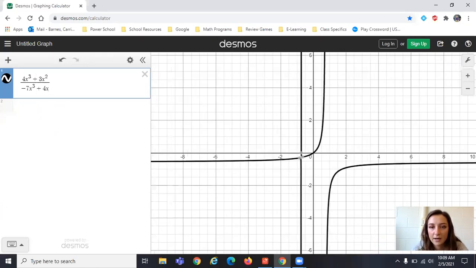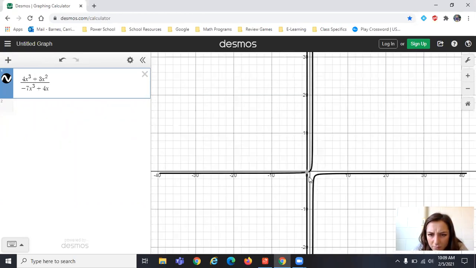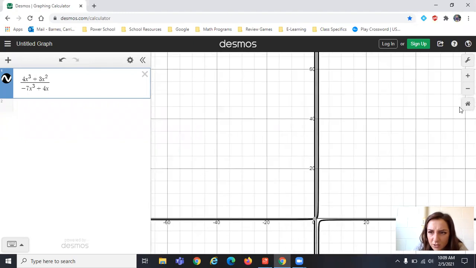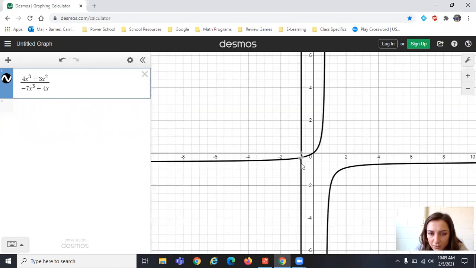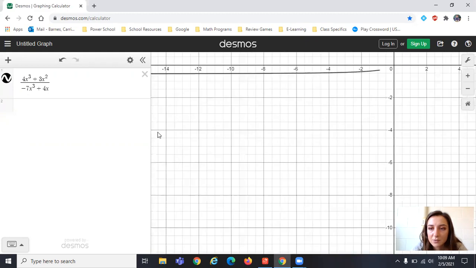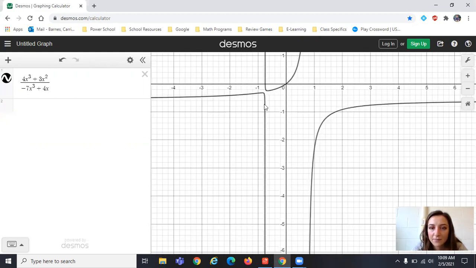Okay, and here is our graph that we have here. That black line is pretty strange. I'm not really sure what's going on there. Oh, I see. I just wasn't zoomed in enough. So yeah, there it is.